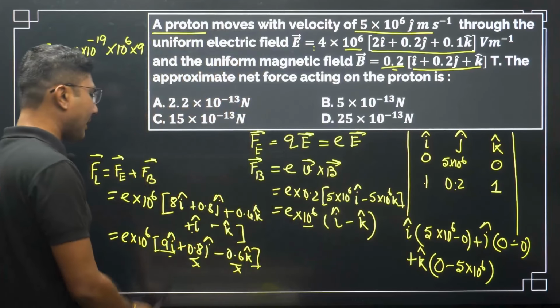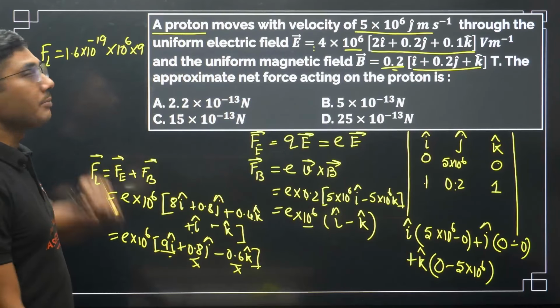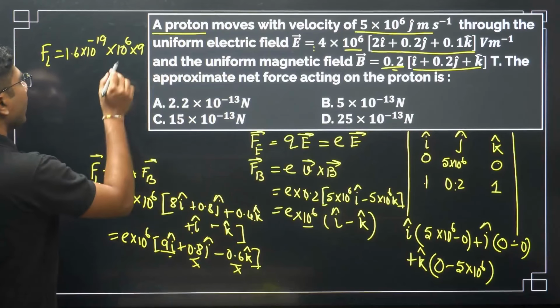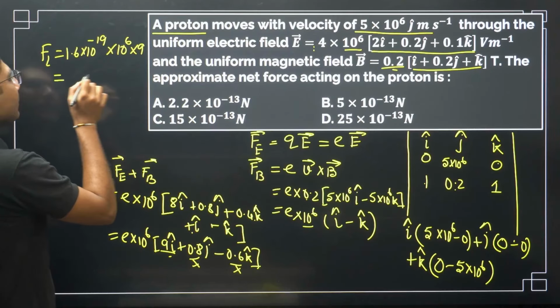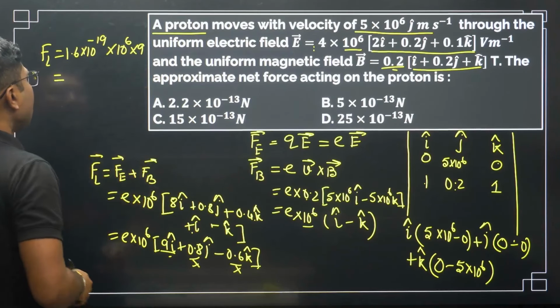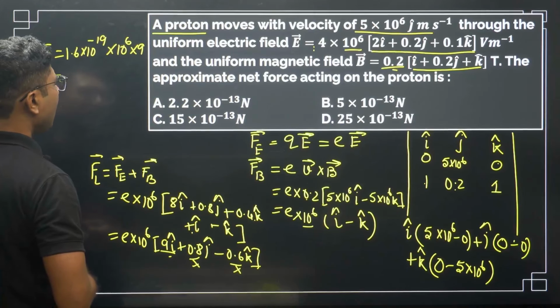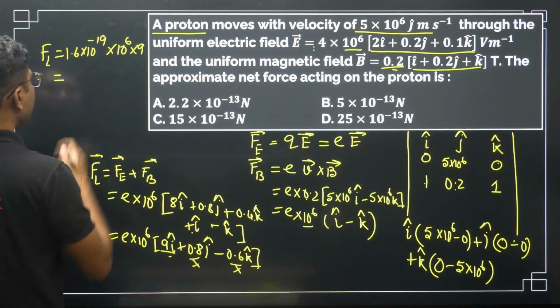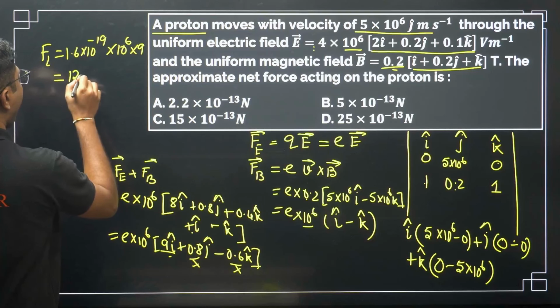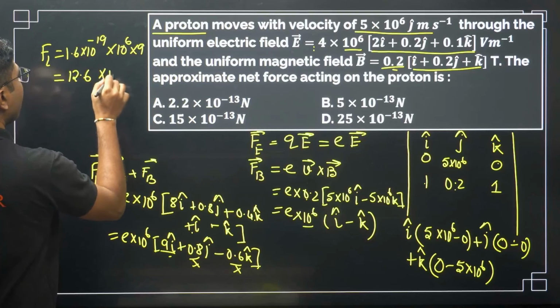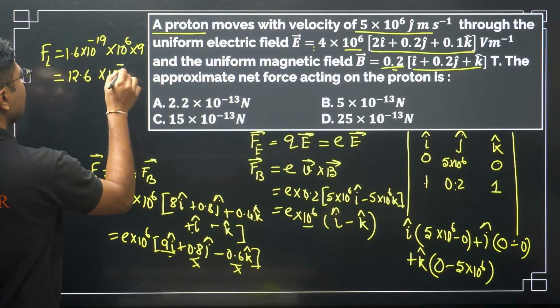Now let's do the multiplication. 9 ones are 9, 9 sixes are 54, and so on, so it will be 14.4 into 10 to the power of minus 13.